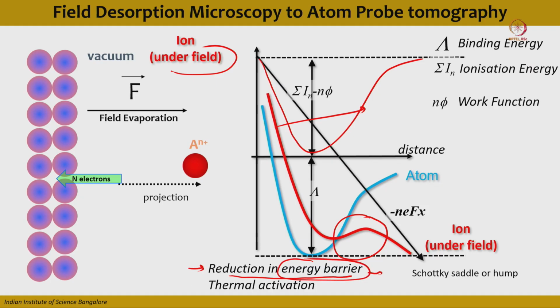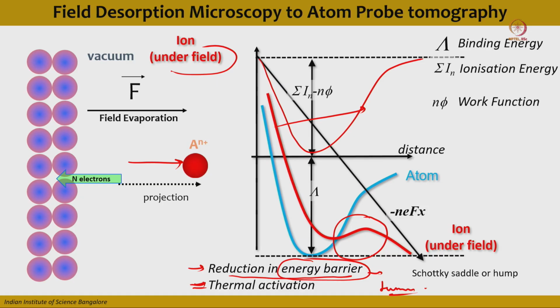Also, when there is a Schottky hump and an energy barrier, due to thermal activation the ions can overcome that energy barrier and accelerate towards the fluorescent screen. This is the assumption that only thermal activation is considered. At low temperatures, tunneling can also occur for the acceleration of the ions along the field lines.